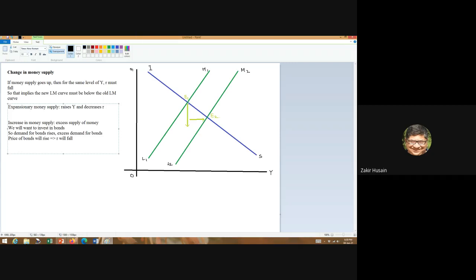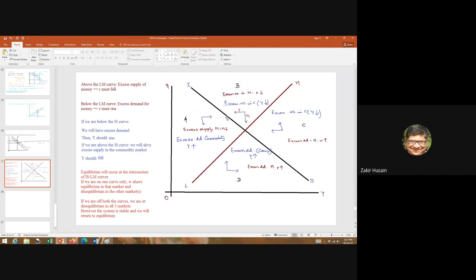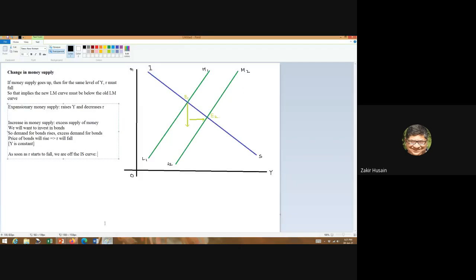Now, as R is falling, Y is constant while this is occurring because this is a matter of money demand. But as soon as R starts to fall, we are now off the IS curve. Moving down, we have excess demand in the commodity market.